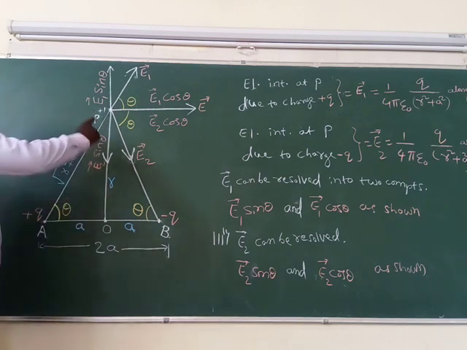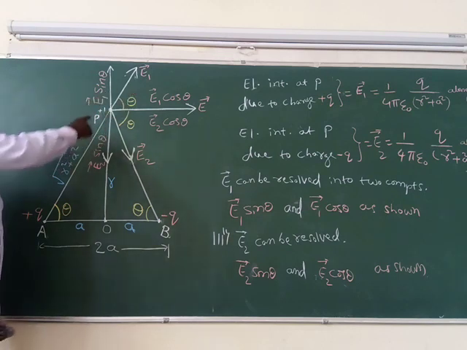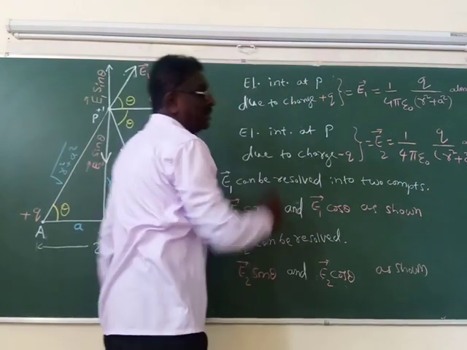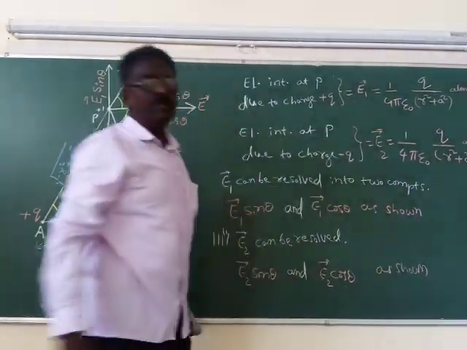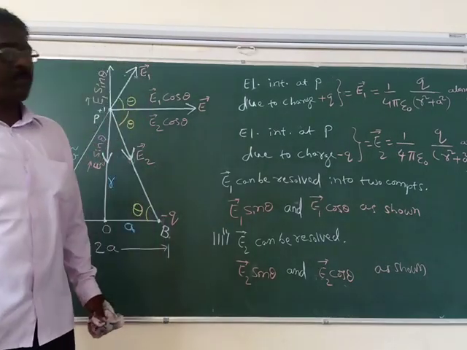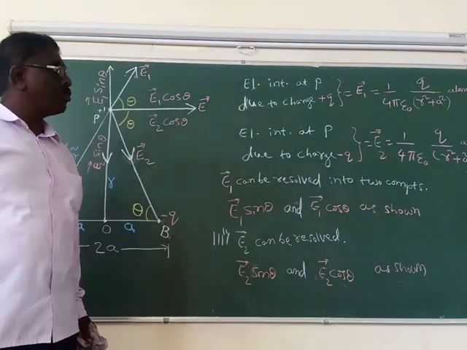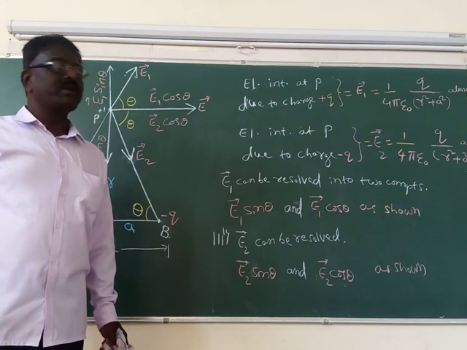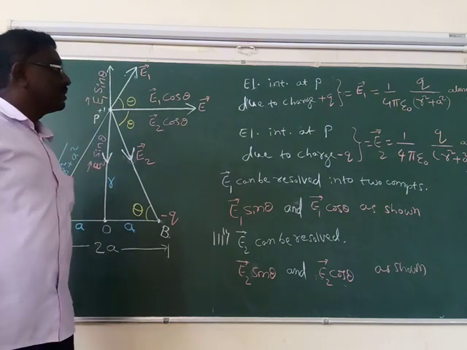The electric field at P, electric intensity at P, due to charge plus Q is given by this expression. E1 is equal to 1 by 4 pi epsilon naught Q divided by r square plus a square. What is the direction of that? It is along AP.